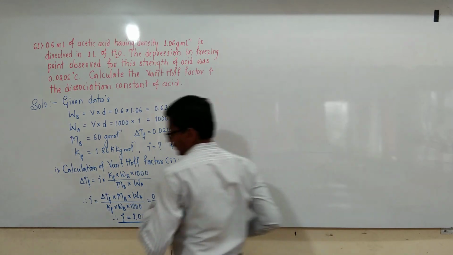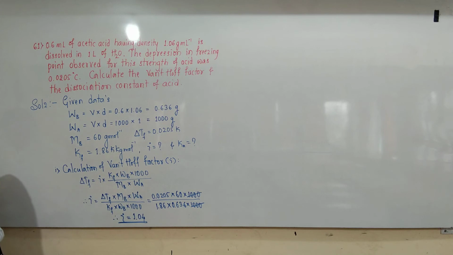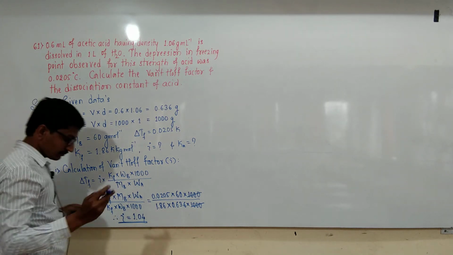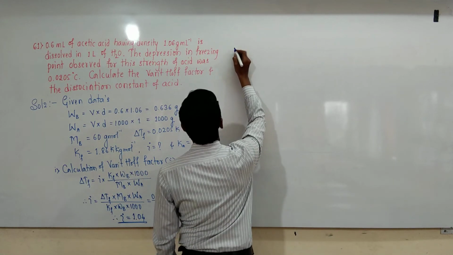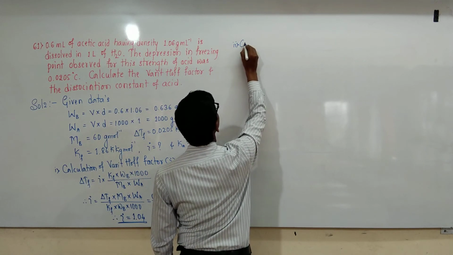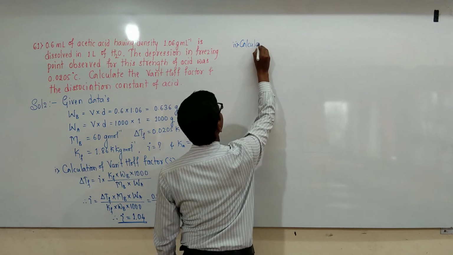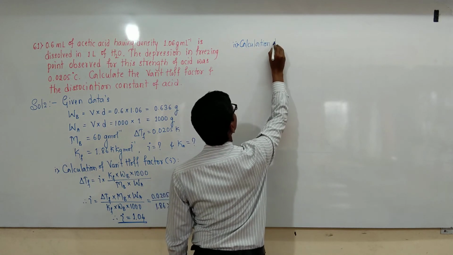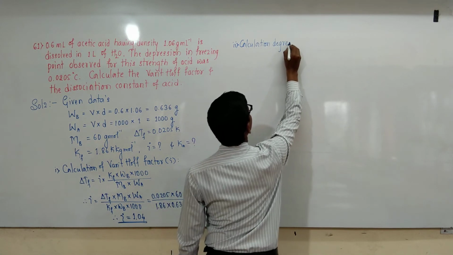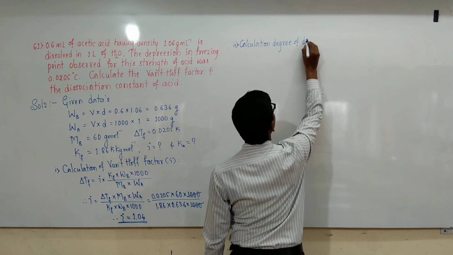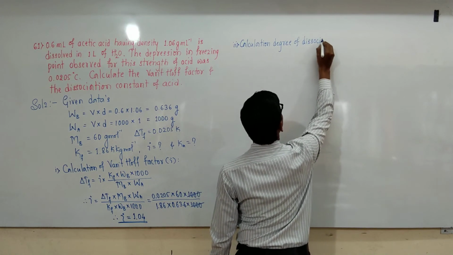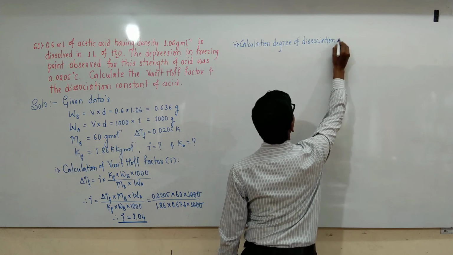Degree of dissociation. Second one is calculation of degree of dissociation, that is alpha.